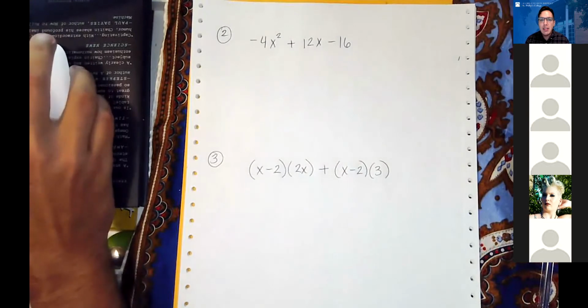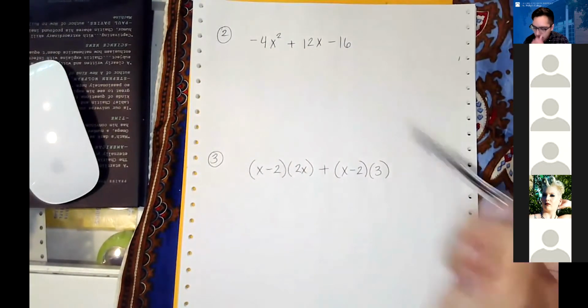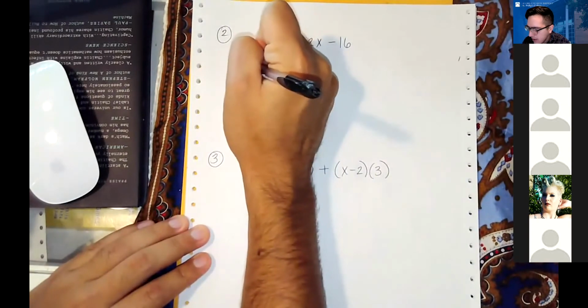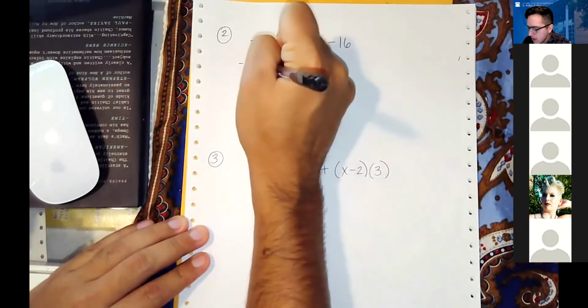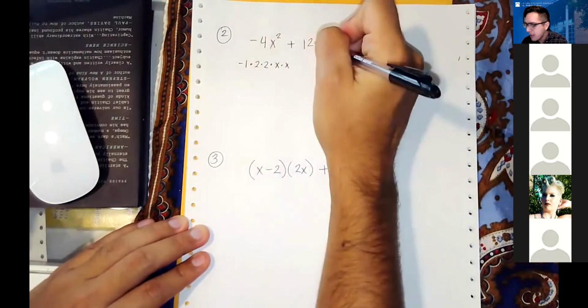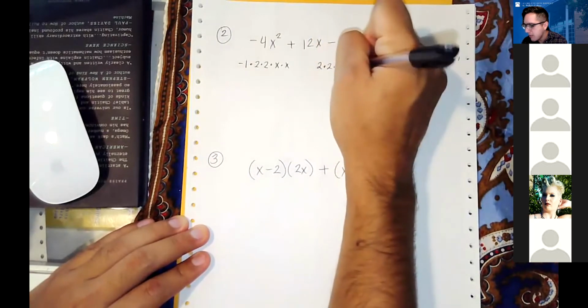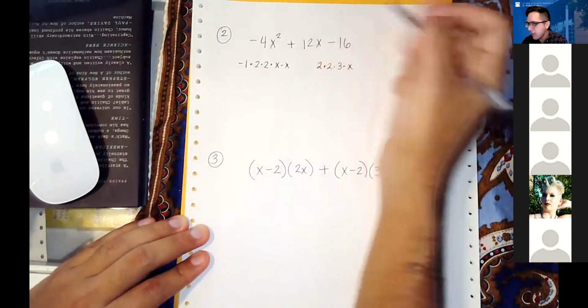So what we should be doing is looking at these three terms and assessing what their factors are. We have -1 times 2 times 2 times x for that first term. 12x can be broken down into 2 times 2 times 3 times x.